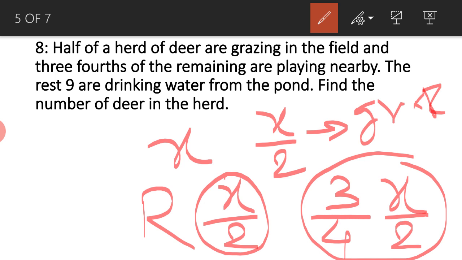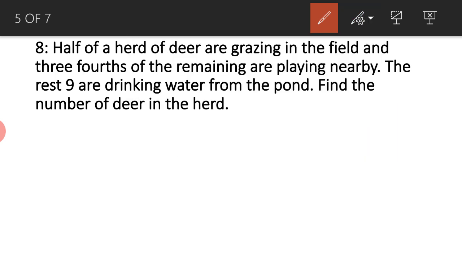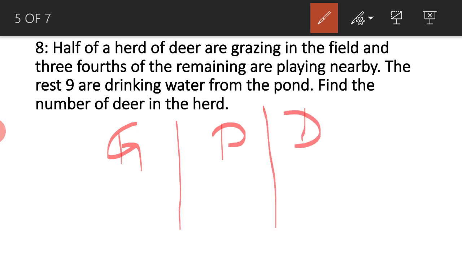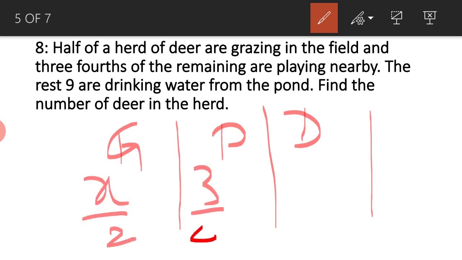Is it okay? So now is it clear to you? So there are deer, some are grazing. So I am writing G for grazing, P for playing, D for drinking. And now I am putting the values. So grazing, how many are there? x by 2. And here they are 3/4 of x by 2. And remaining they are 9.